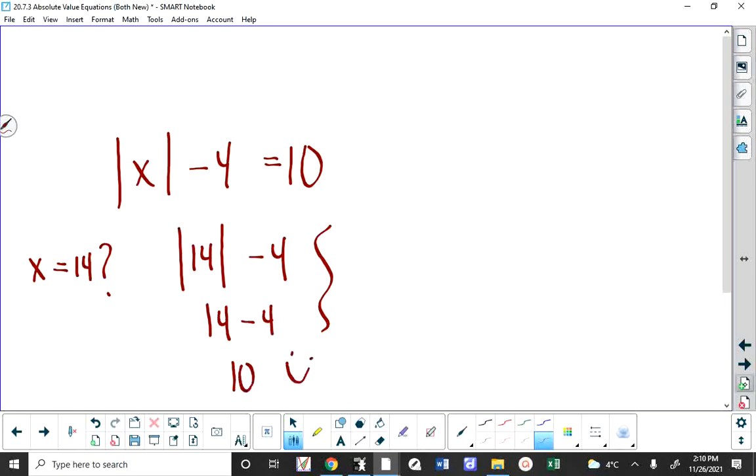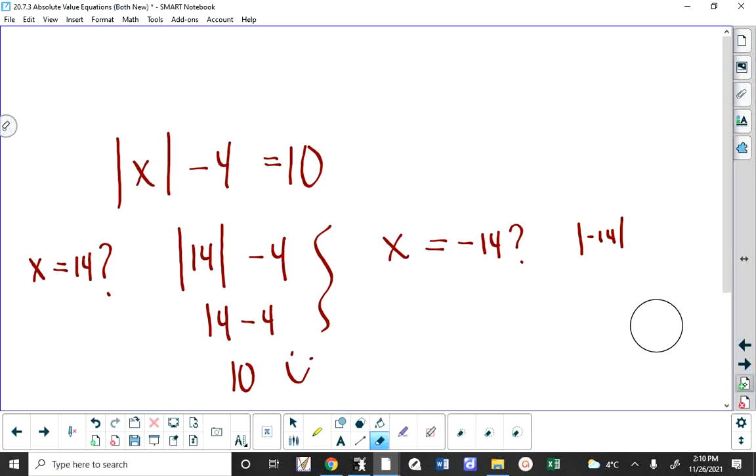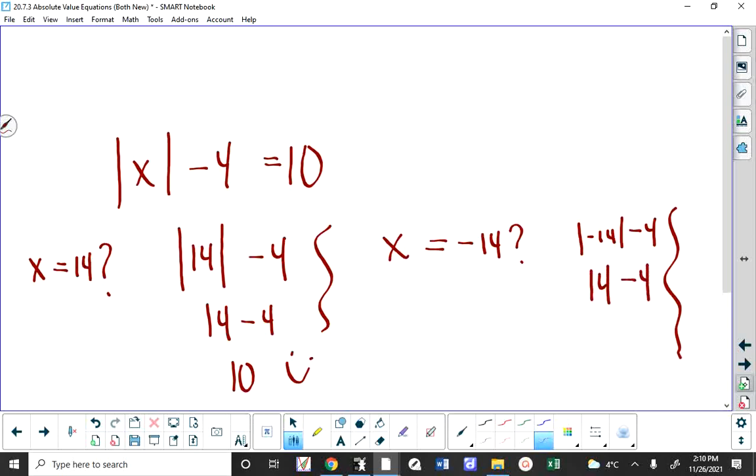So that's a solution. If you were to check, well, what about x equals negative 14? Well, you would put into the left side negative 14 in for x minus 4. The absolute value of negative 14 is 14 minus 4. Well, 14 minus 4 is still 10. So you get 10 regardless of whether you use positive or negative.